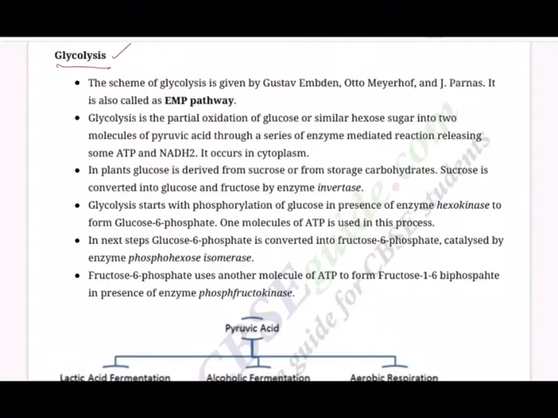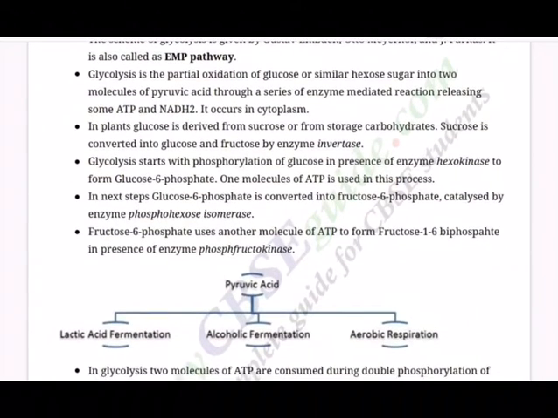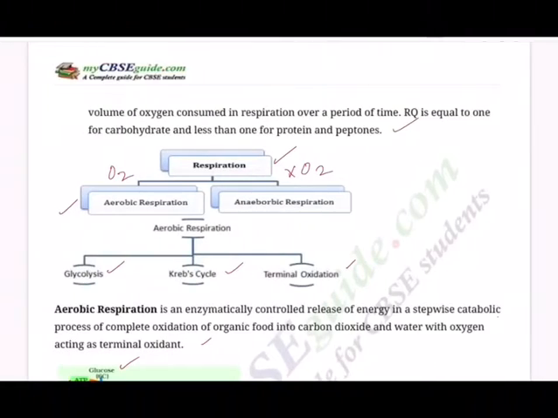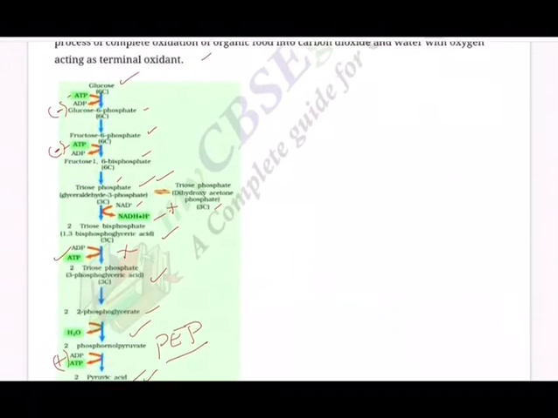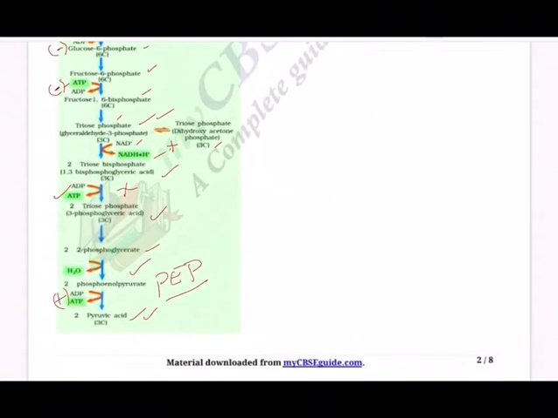Step number 1, 1,3-biphosphoglyceric acid. Let me show you here. When 1,3-biphosphoglyceric acid produces 3-phosphoglycerate, you can see the formation of ATP molecules. Since 2 molecules are involved, 2 ATPs are produced.